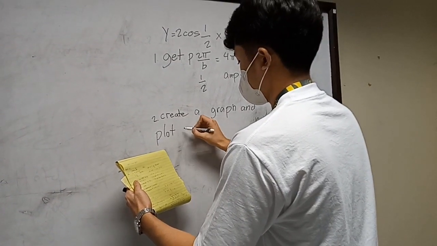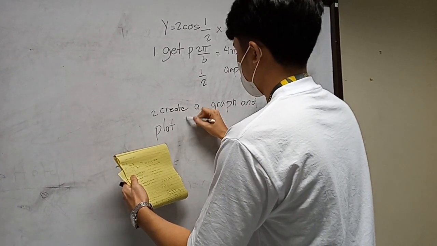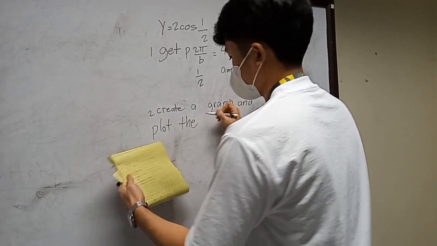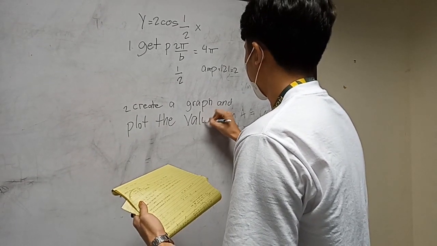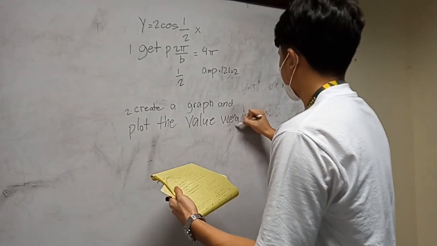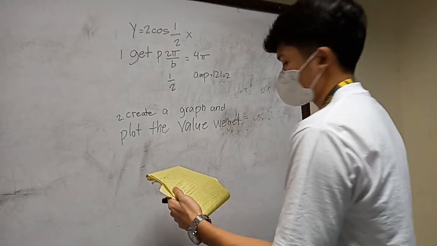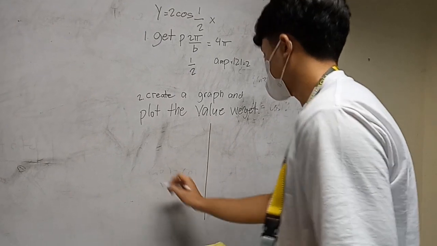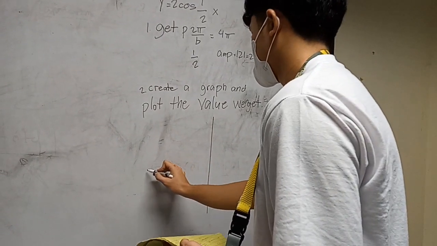To get the amplitude, we will use the value of a. Amplitude is equal to the absolute value of 2, which is 2. Now, we have the period and amplitude. Let's proceed to the next step. Second step, we will create a graph and we will plot the values we get.